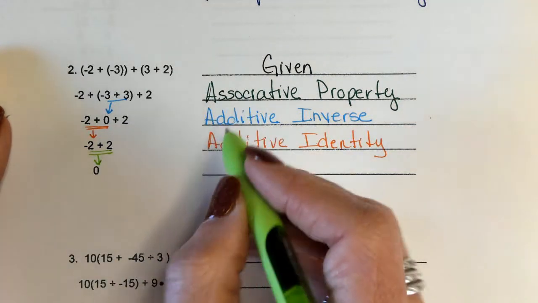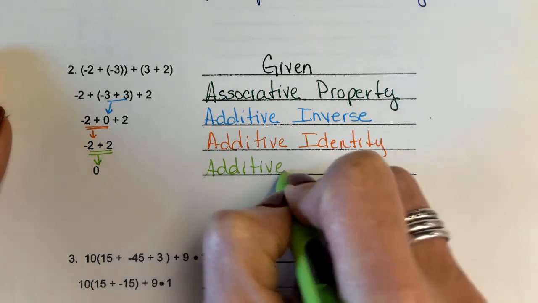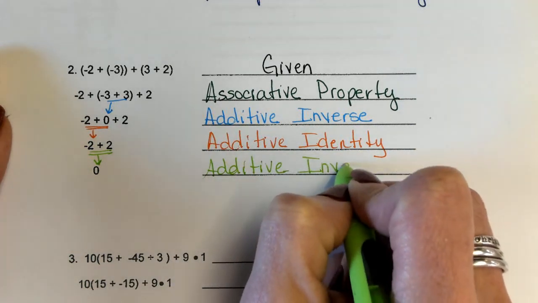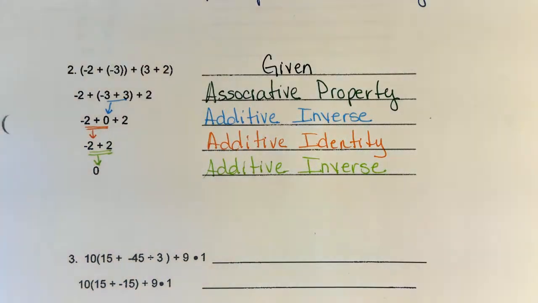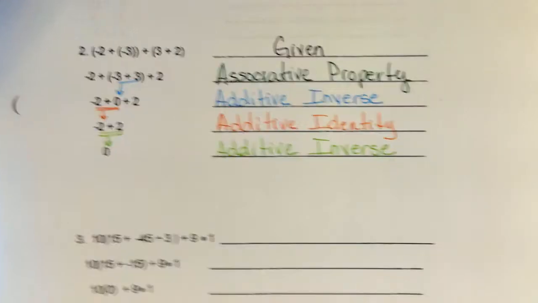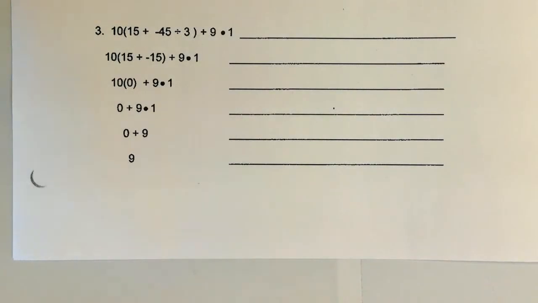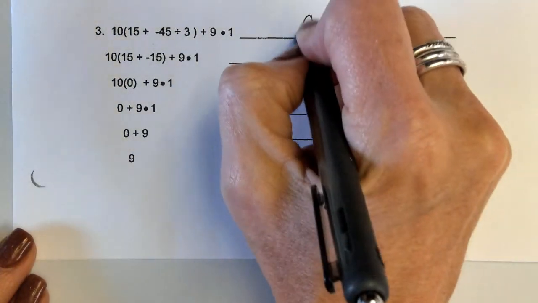That is additive inverse. All right, so that's our second one. As we're moving through these problems, we're just justifying what steps allow these things to happen. All right, last one here. Remember that first line is given.